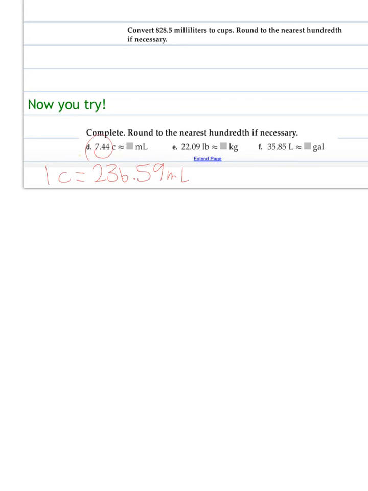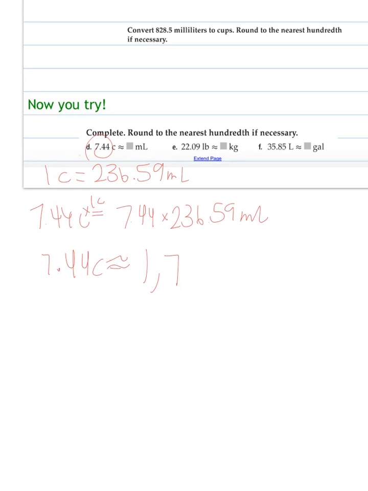Multiply each side by our 7 and 44/100 that we are trying to solve for, times the 1 cup. 7.44 times 236.59 milliliters. And we get 7 and 44/100 cups is approximately 1,760 and 23/100 milliliters when rounded to the nearest hundredth.